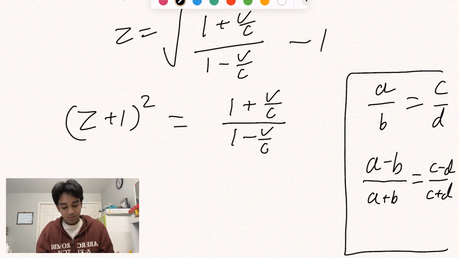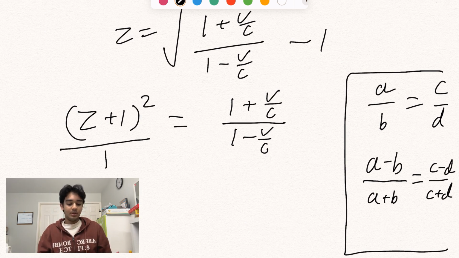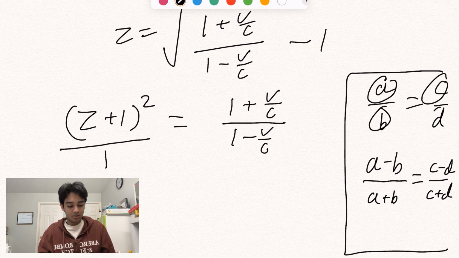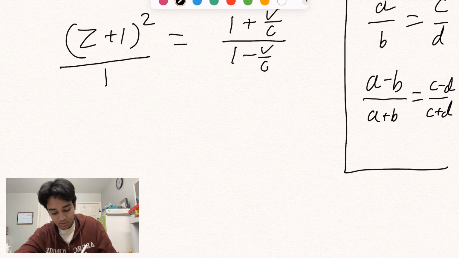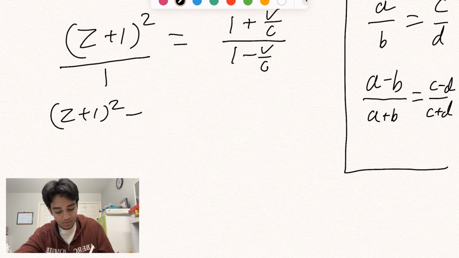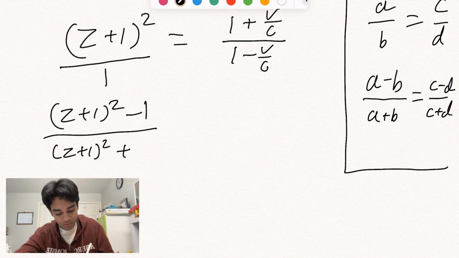And how we do that, we think of an imaginary 1 in the denominator. And then we can do the a over b equals c over d. And let's see how that makes our life easier. So I have (z plus 1) squared. So this is the a minus the b. So that's 1. And then I'm going to do a plus b on the bottom: (z plus 1) squared plus 1.